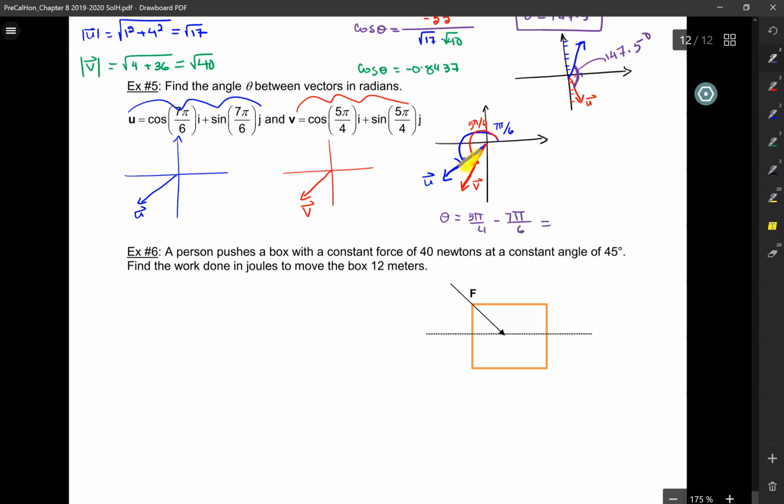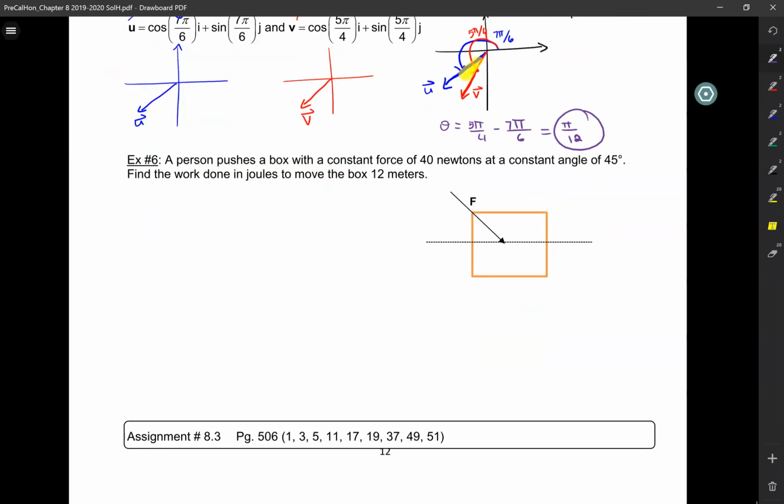Do we have a calculator for it? Oh, no, I don't need it. And it's pi over 12. Okay? So, did we have to do anything fancy schmancy? We did not. We were fooled at the very beginning, but then we realized, oh my gosh, that's not even a thing.